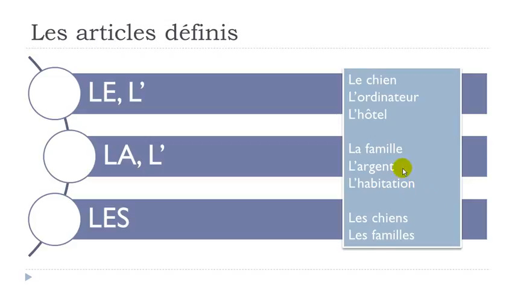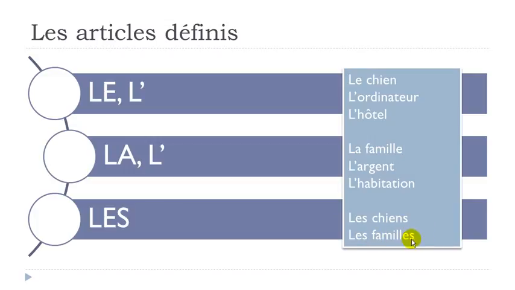okay, and then I've been taking, well, basically the example from here, chien, okay, and then I put S at the end, and it's the mark of the plural, okay? So you put les chiens, the dogs, okay? Les chiens. And then you take famille, family, okay?